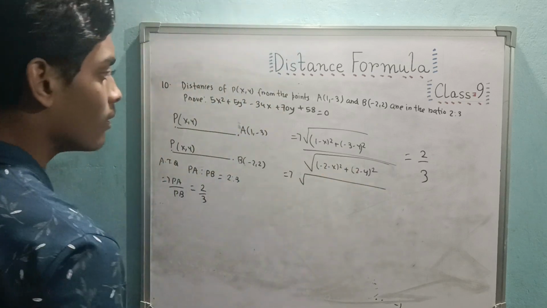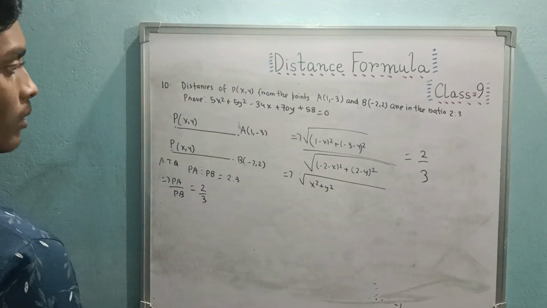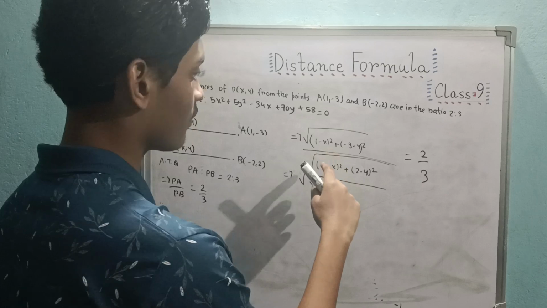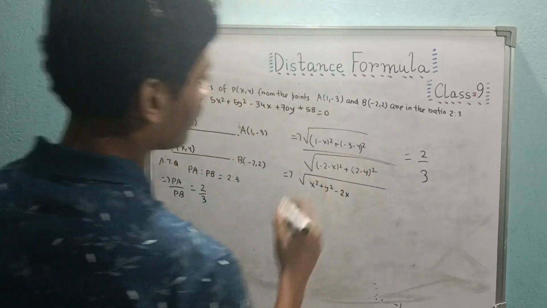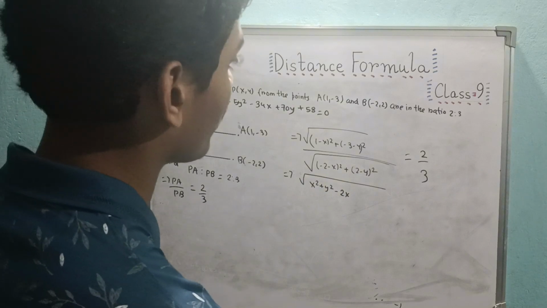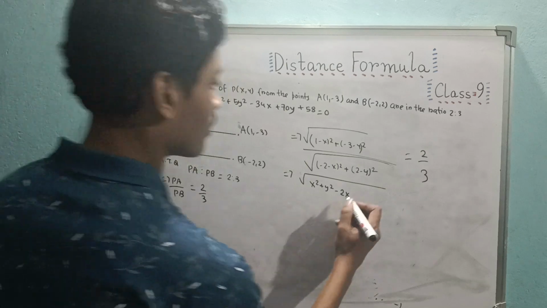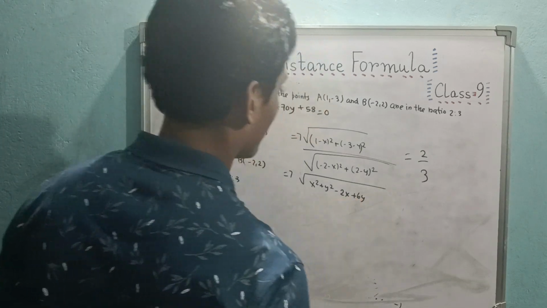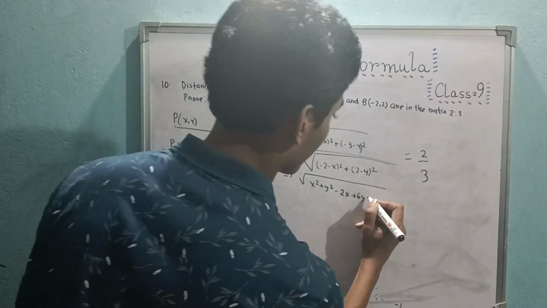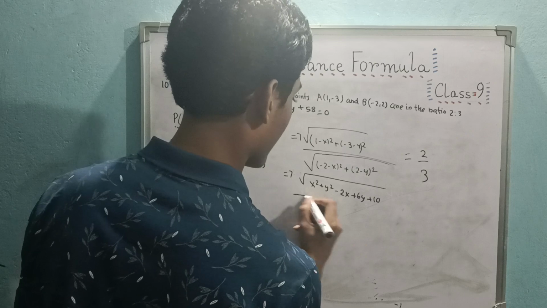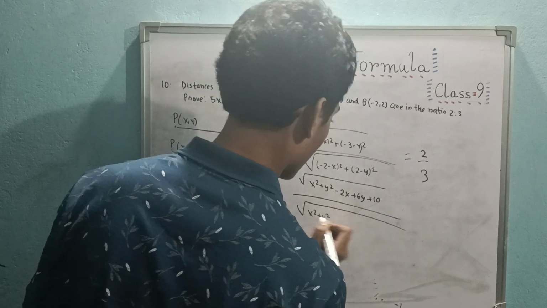I am doing it directly here. So x square plus y square, and here comes 2 into 1 into minus x, minus 2x, and here comes 2 into minus 3 into minus y, plus 6y, and here plus 1 and plus 9. So 10, divided by again x square plus y square.